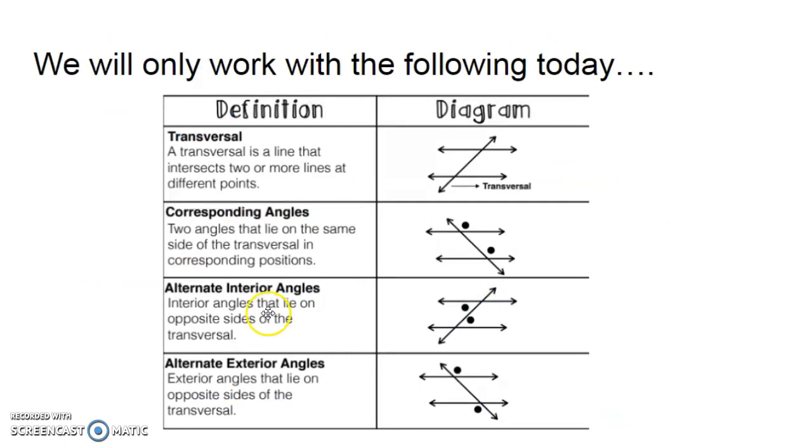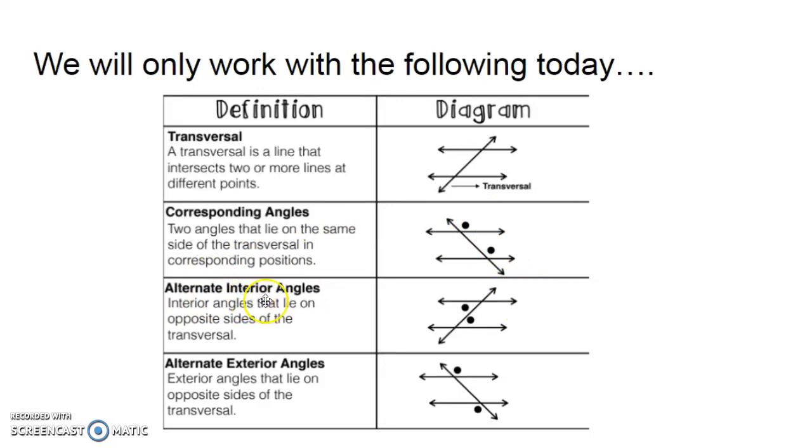And here's part of what you have in your notes. The transversal is this line here that cuts through these two parallel lines. Corresponding angles are angles that lie on the same side of the transversal in corresponding positions. Okay?